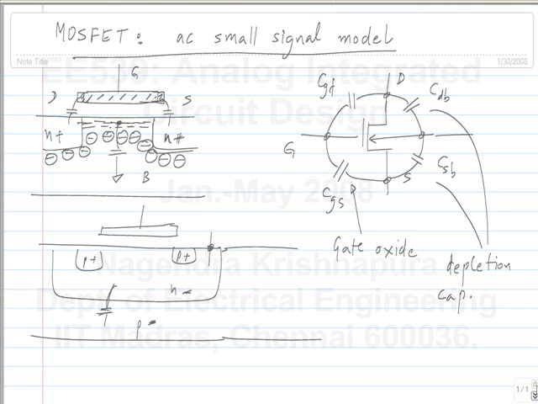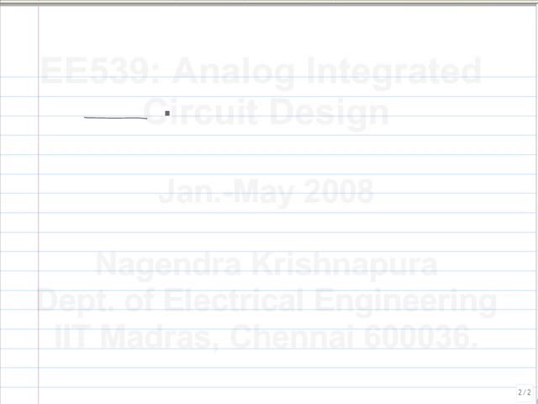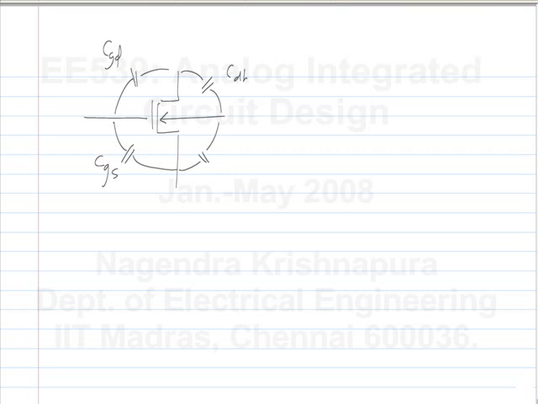Now these capacitances will have an important effect on the AC performance of the circuit. So we have this model: CGD, CGS, CDB and CSB.